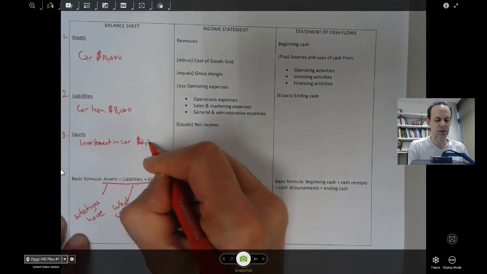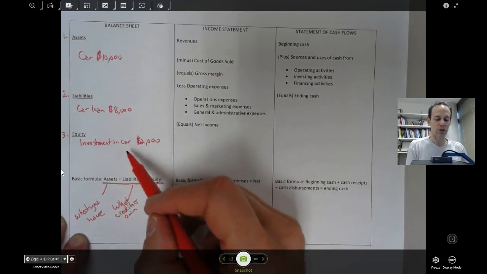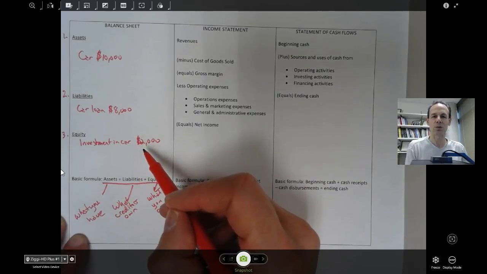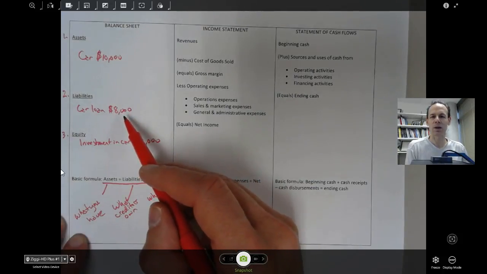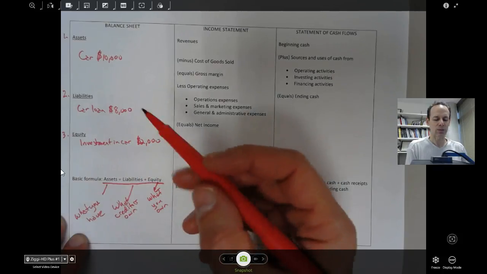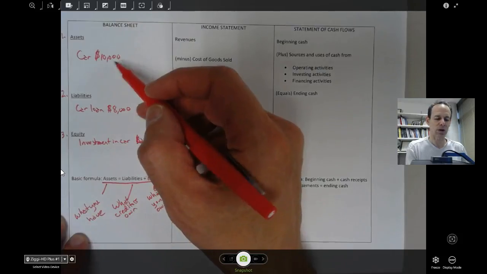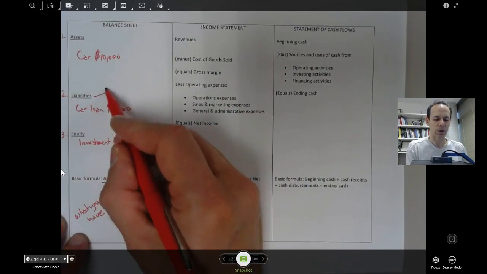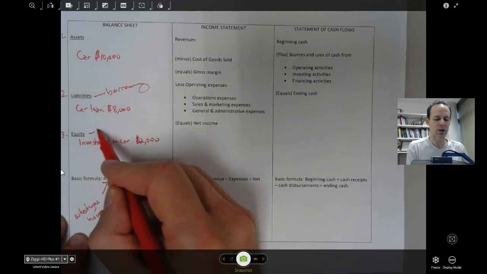So in essence, your own personal balance sheet would show that you have $2,000 worth of ownership personally in your vehicle, and $8,000 worth of that vehicle is still owned by creditors. So the balance sheet basically shows you how you financed that car as well, through borrowing and through investment.